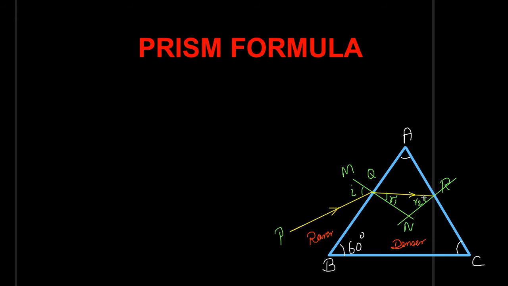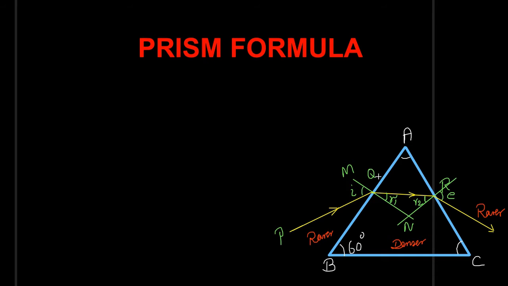Now the ray is coming from the denser medium and falls on the rarer medium. Since it is passing from a denser medium to a rarer medium, the refracted ray bends away from the normal. What is the angle of refraction? It is the angle between the refracted ray and the normal. We name this angle as e, the angle of emergence.